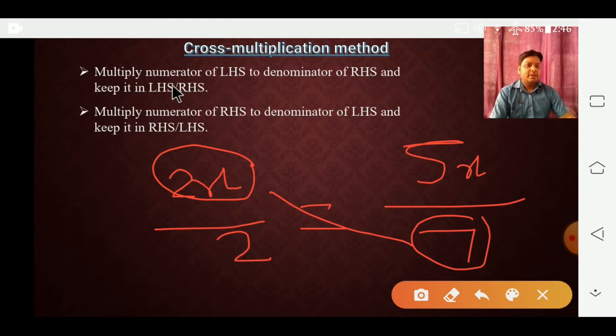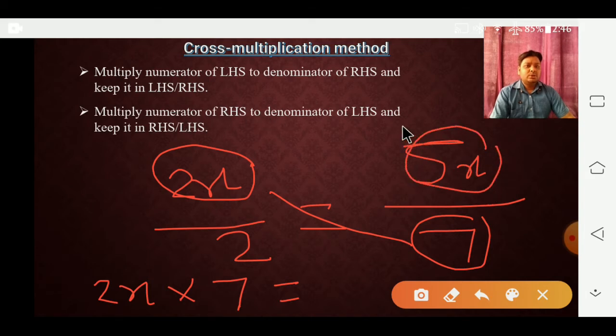Now I am keeping it in LHS. So 2x into 7, with an equal sign in between. Now multiply the numerator of RHS, which is 5x, by the denominator of LHS, which is 2. It means 5x into 2, and we will keep it in RHS.